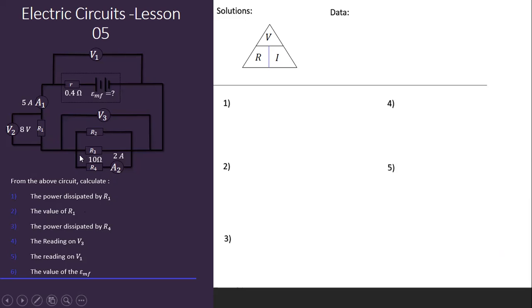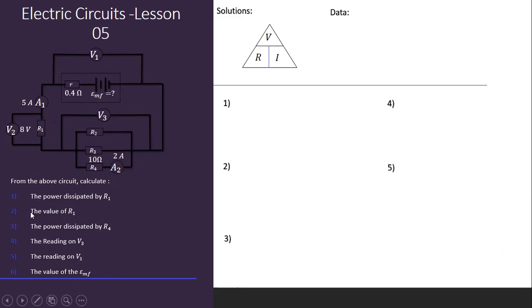Number 4, we have to calculate the reading on V3, the voltmeter which measures the parallel voltage. Number 5, the reading on V1, the external circuit voltage. And we have to calculate the value of the EMF.